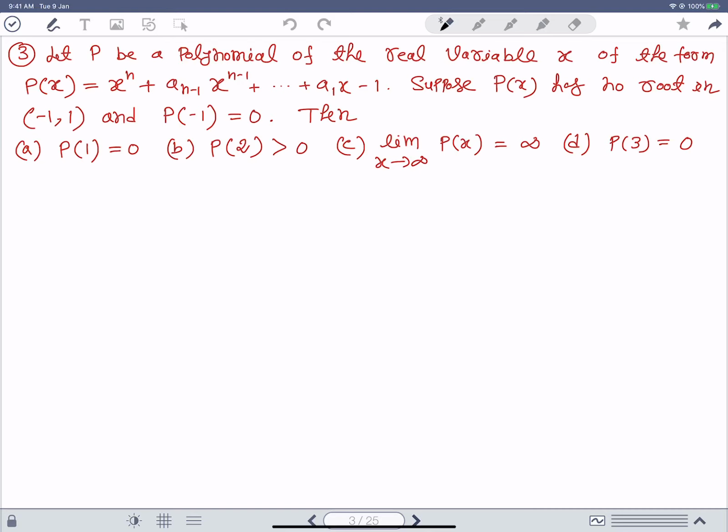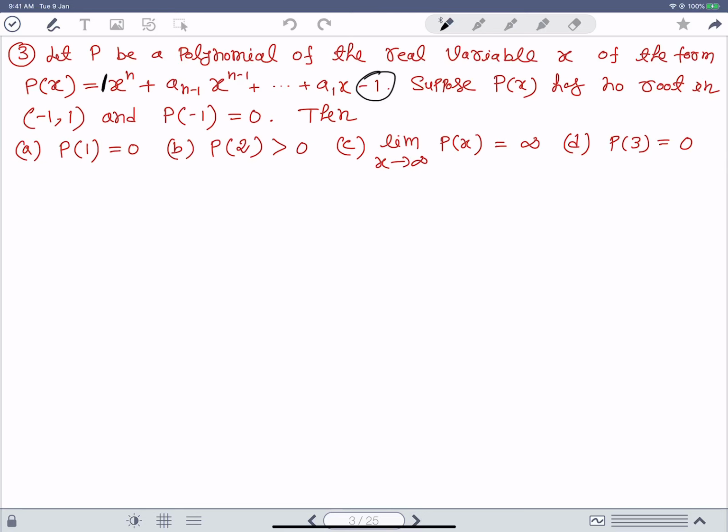First of all, it is given that P(x) has no root in the open interval (-1, 1). You have to know this fact, and also you have to understand that the coefficient of the leading term here is 1, and the constant term is -1.